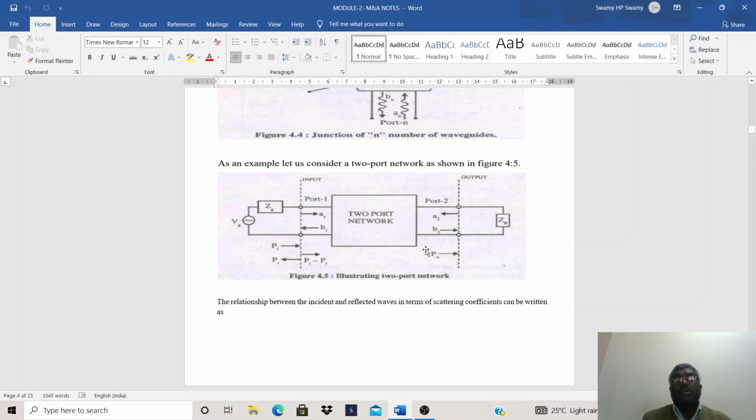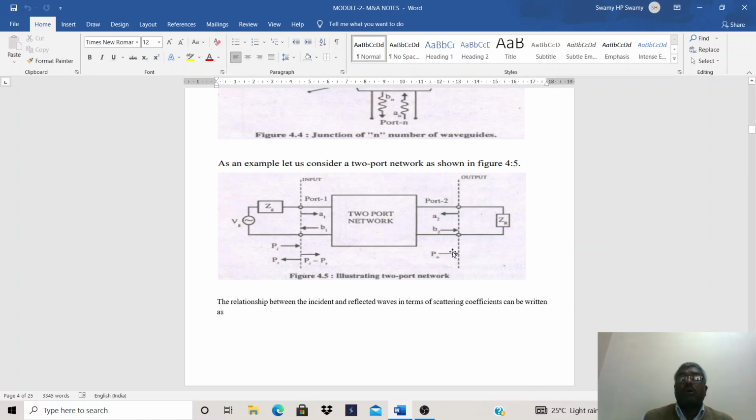So what is the input power now? The input power going into the two-port network will be the difference between PI and PR. Similarly, at the output side, this is the reference point where you are going to calculate the power.